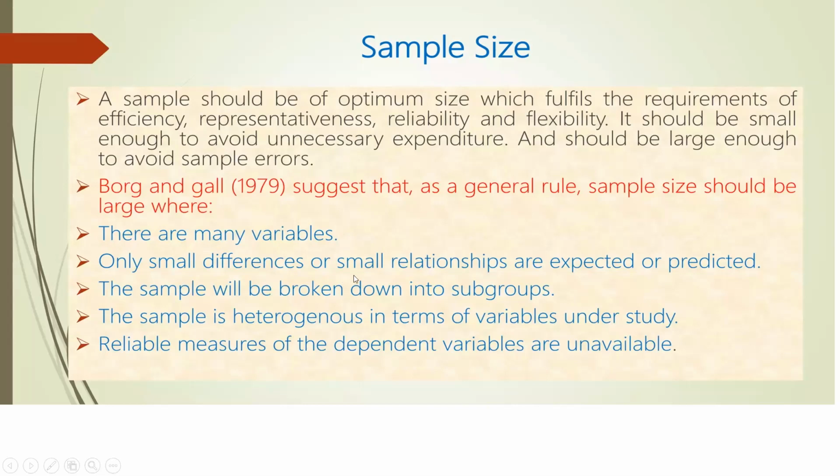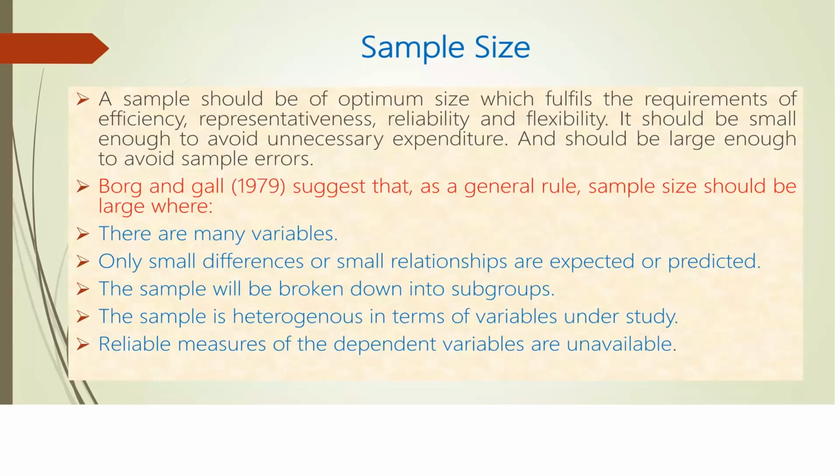Only small differences or small relationships are expected or predicted. So whatever sample size you are choosing, for the groups you are making, there should not be a very vast or large difference. There should be small differences or small relationships.